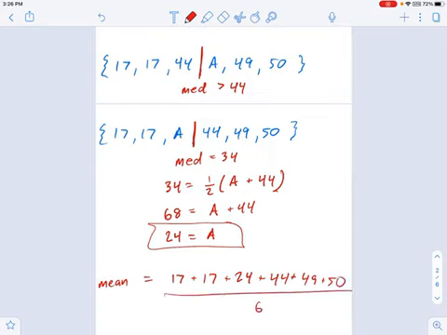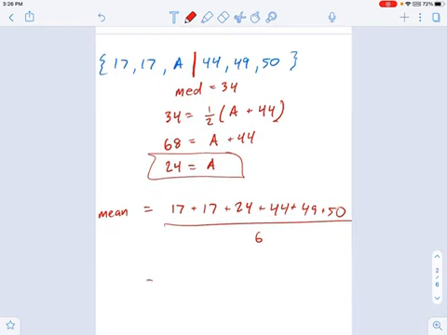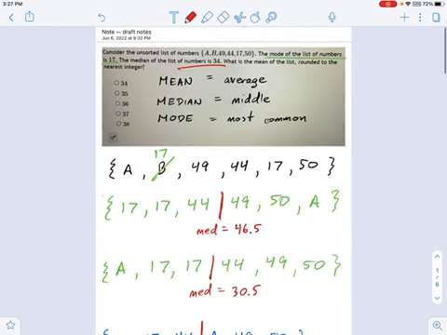Let's see what we get: 33.5. The mean is 33.5. So what did it say? Rounded to the nearest integer? No problem. 33.5 rounds to 34. We are done.